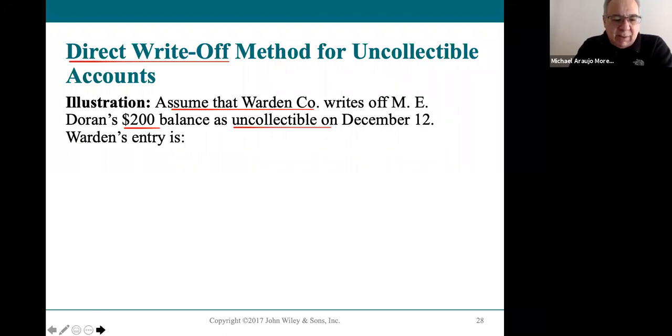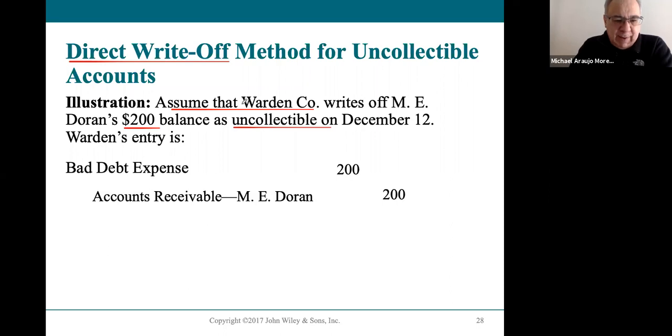So basically, they're simply going to have a bad debt expense for $200, and they're going to remove M.E. Doran's account from their accounts receivable. The credit to accounts receivable lowers the accounts receivable. So this is how a direct write-off method would be used for smaller businesses that are not subject to GAAP.